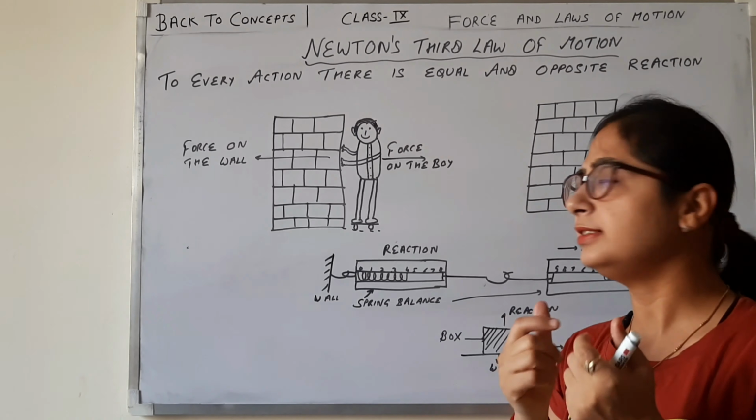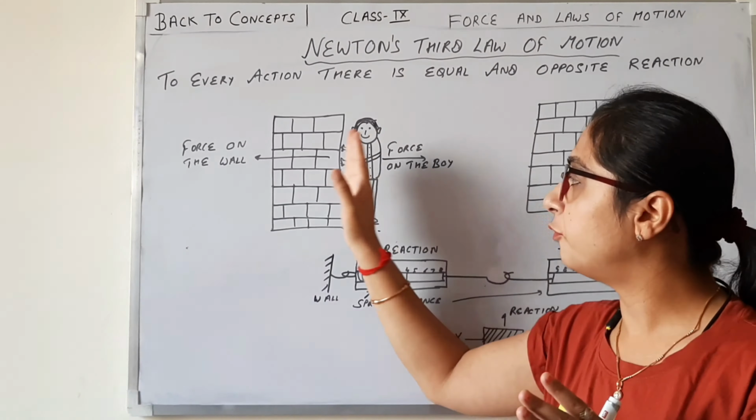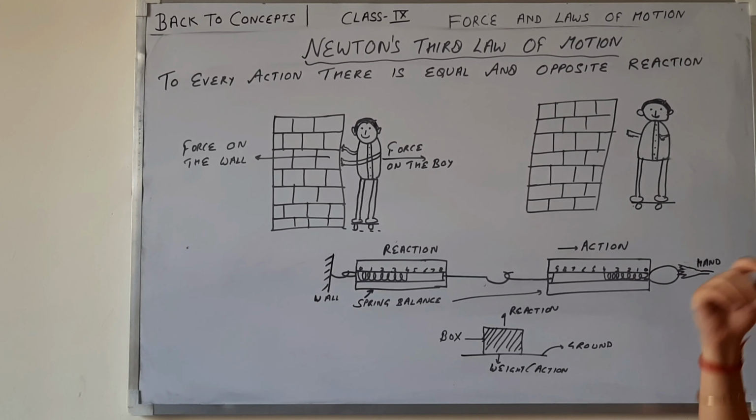So what we understand with this example is, when somebody applies force on the wall, an equal and opposite force will be applied by the wall on the boy as well. It means the higher the force applied by the boy, the farther he will move backward. The lesser the force applied, the less he will move in the backward direction, as seen in this example.